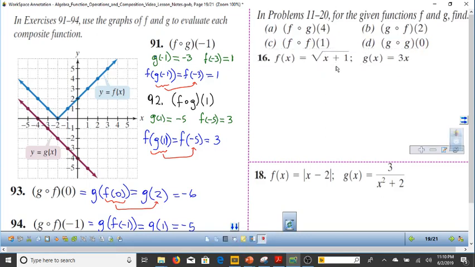All right, so for part A, we want f of g of 4.